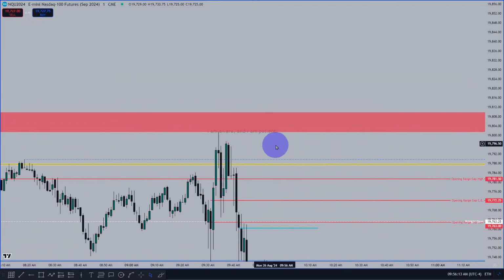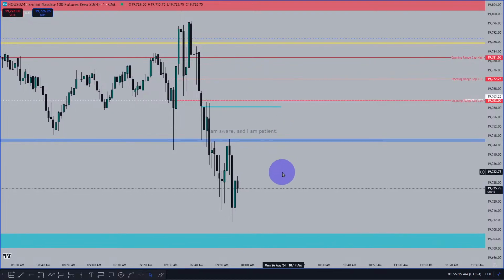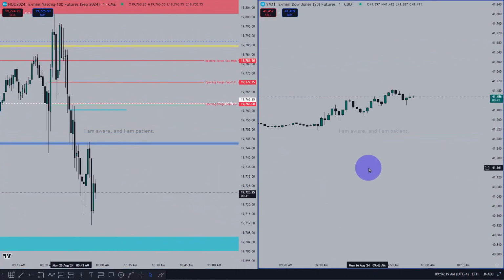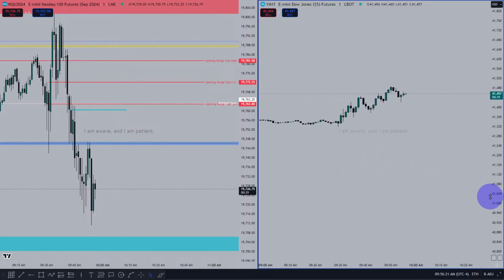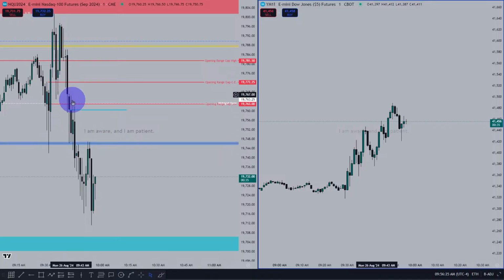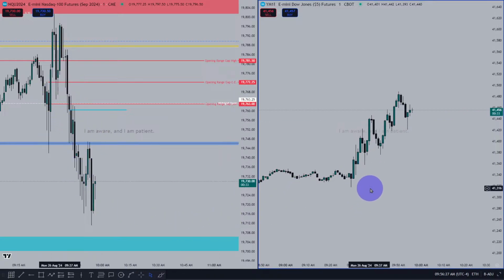But yeah, just seeing how the Dow was not linked with the Nasdaq, that makes it get off my table. I'm not looking to take anything while the Nasdaq is moving lower and the Dow is moving higher.